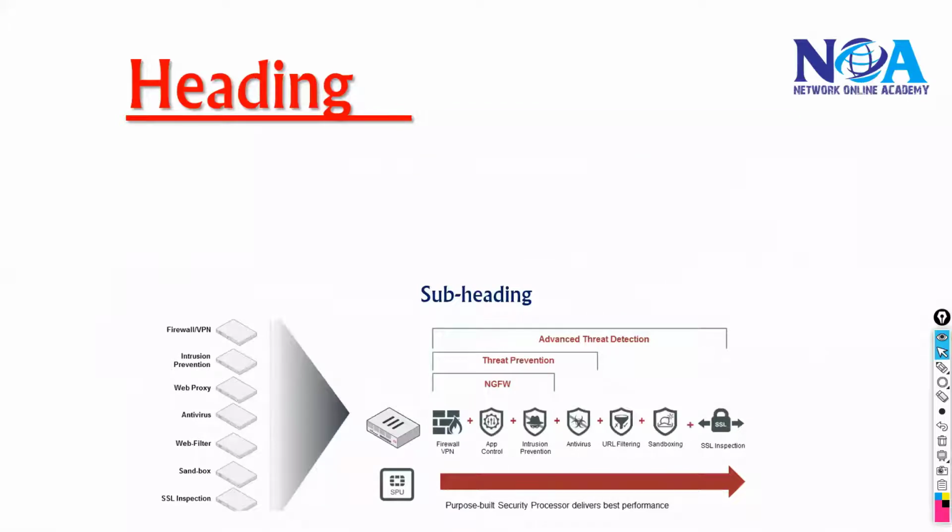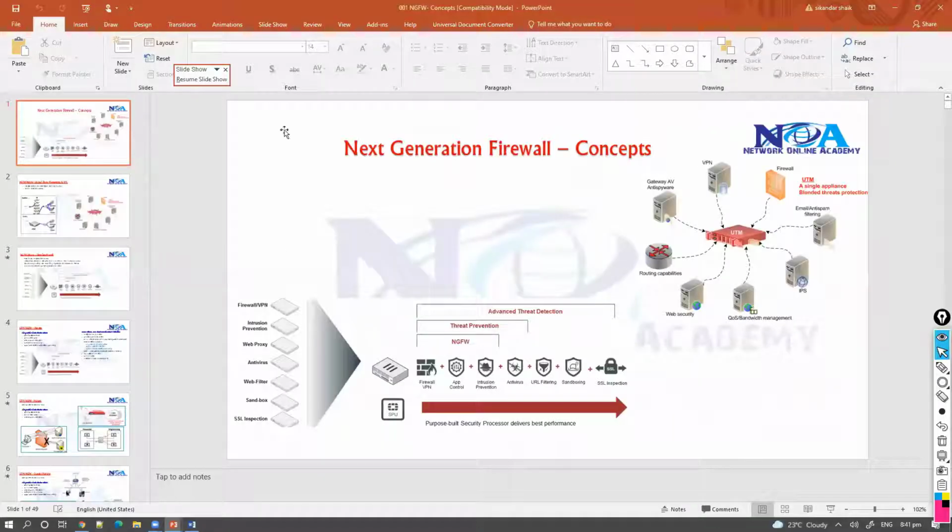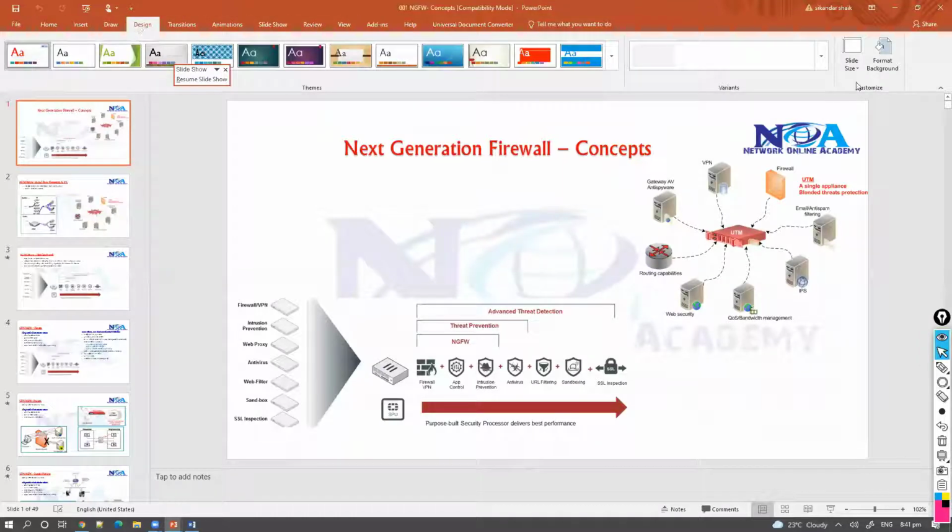Now, when you're using this, sometimes you don't see the full screen. I think inside the design, you see there is a slide size. If you're using the 2019 version, the one which I'm using, there is a standard size and a widescreen size.